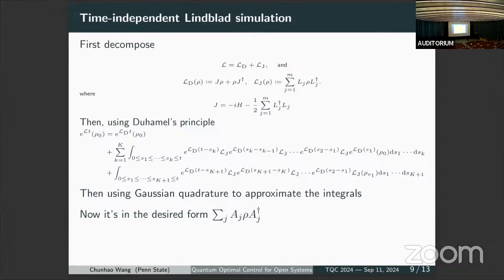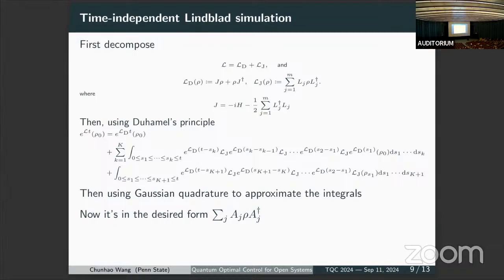You basically drop the last term. So when K is getting larger and larger, the last term is smaller and smaller. So basically K is some polylog term. Yes, the last term is there, but you don't care about it because it's small. When K is larger, the last term is small.